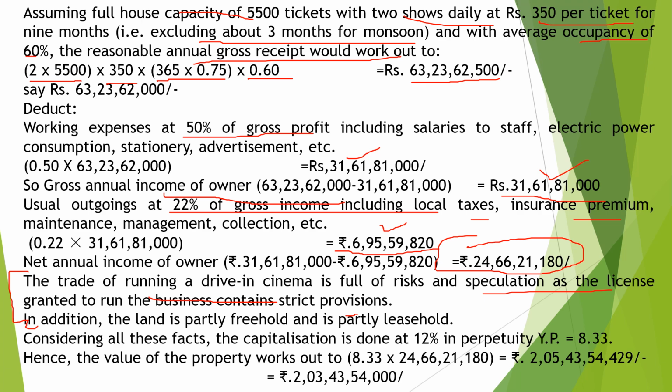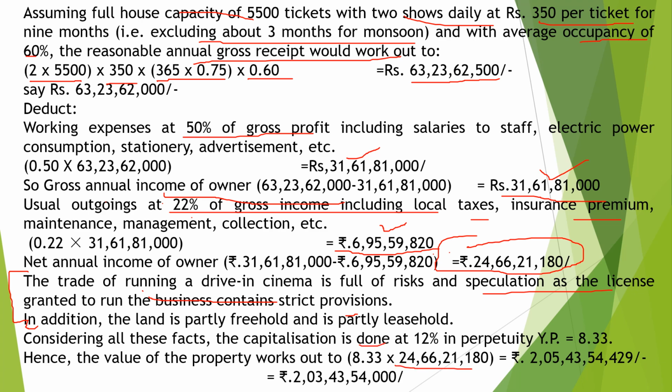Considering all these factors, which will lead to certain negative things, we assume the capitalization rate at 12% in perpetuity, that will give you YP as 8.33. So you multiply the net profit of 24 crore 66 lakh 21,180 with 8.33.